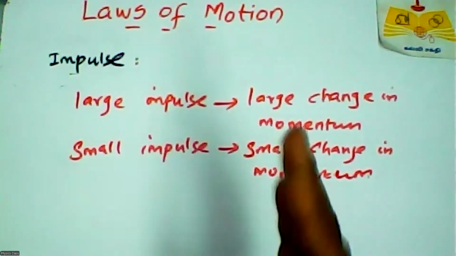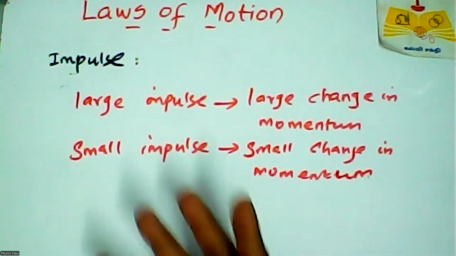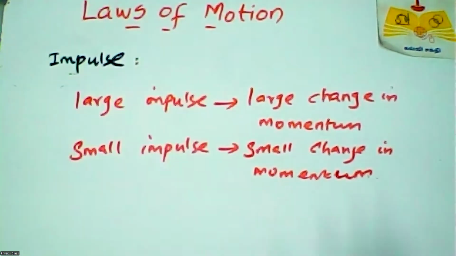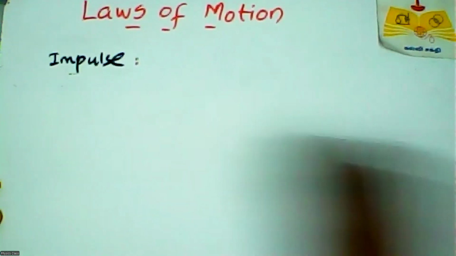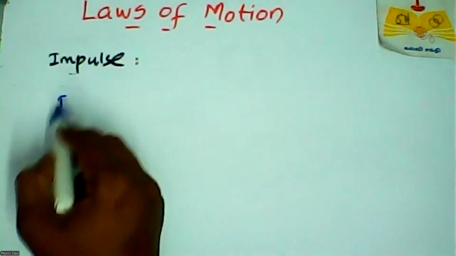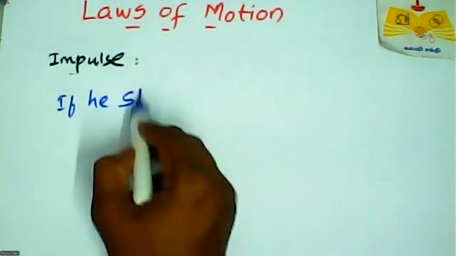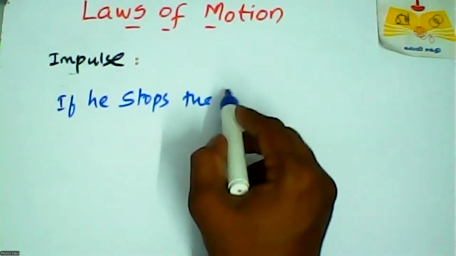When a cricket player catches the ball, he pulls his hands gradually in the direction of the ball's motion. Why? Suppose he stops the ball with his hand.